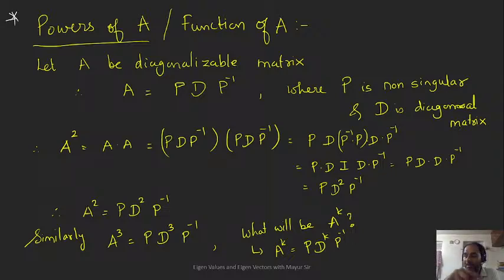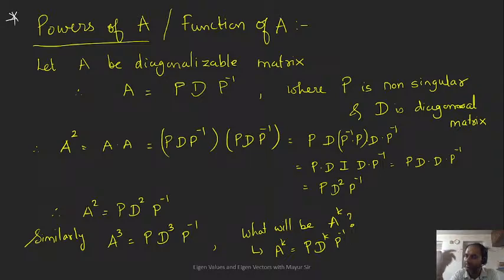And A cube may not be that difficult, but if I tell you to find A raised to 75, or A to the power 2000 or some larger number, then if the computer works like that, A into A into A into A 2000 times, it will take a decade, right?